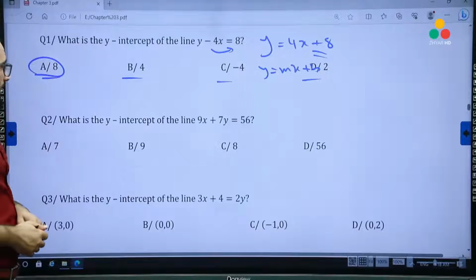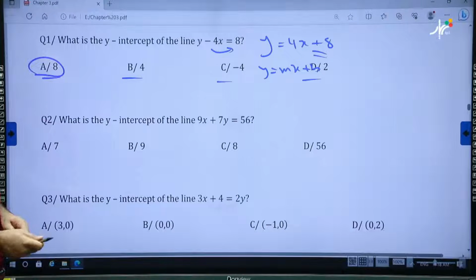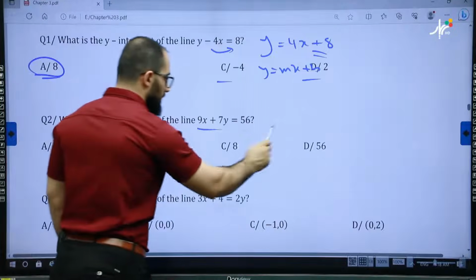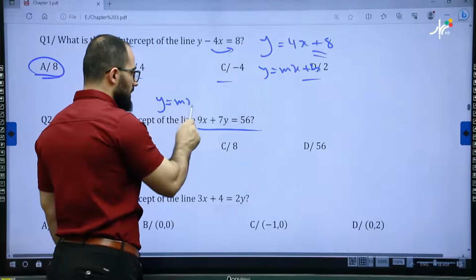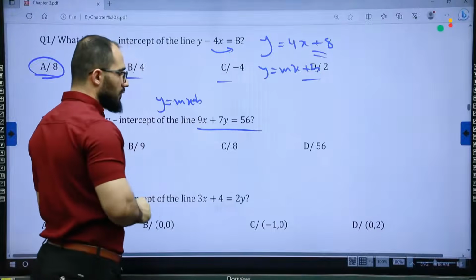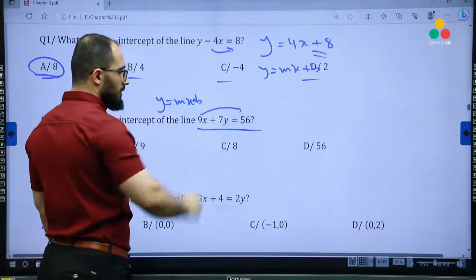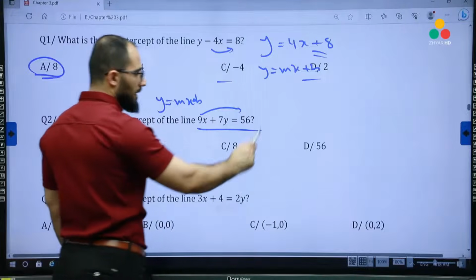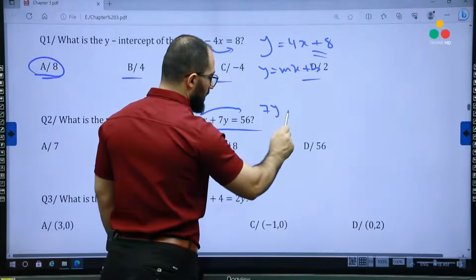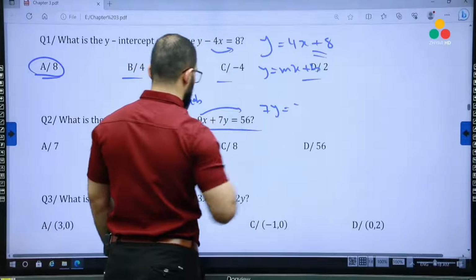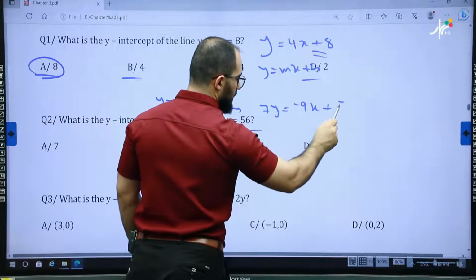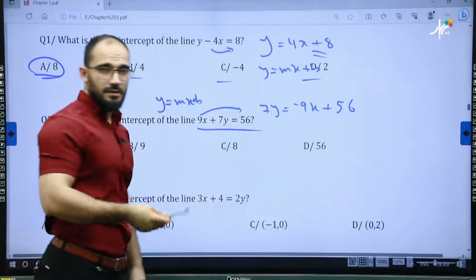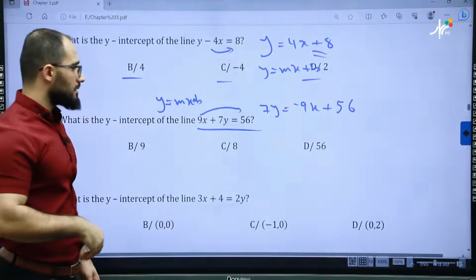Question 2: what is the y-intercept of the line? Again, we have this equation. We must write it as y is equal to mx plus b. How to do it? Move 9x to the other side. 7y is equal to negative 9x plus 56, or you can say 56 minus 9x.